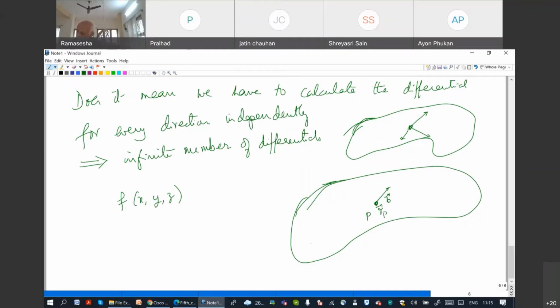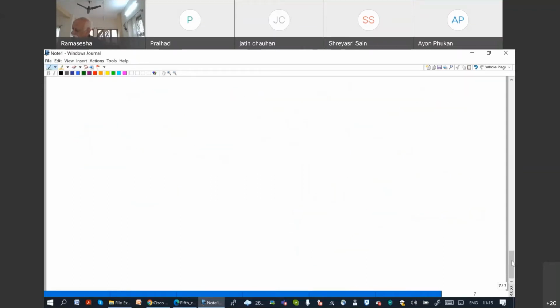So I want to go in this direction, so I'll have to keep choosing points Q here and differentiate it, right? So what it means is the following.